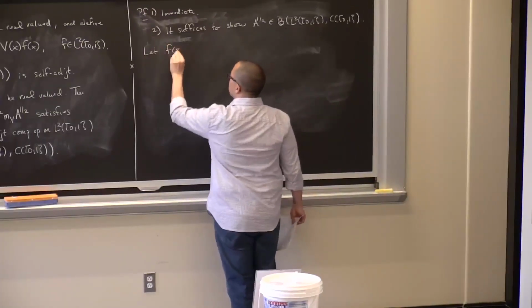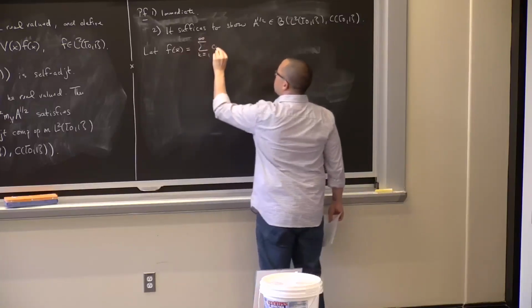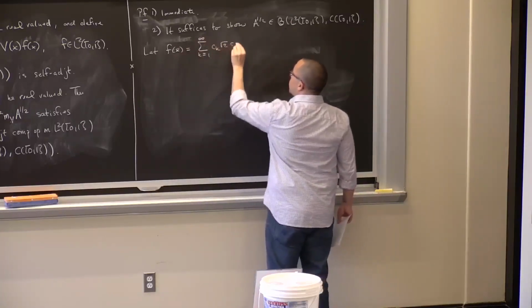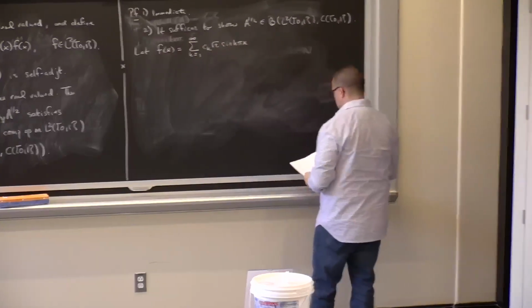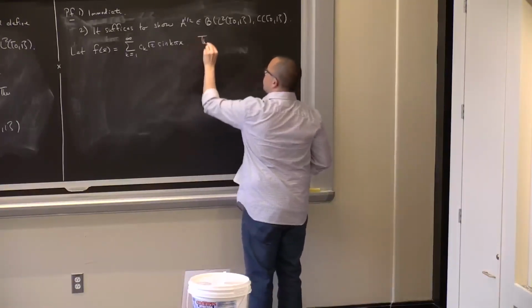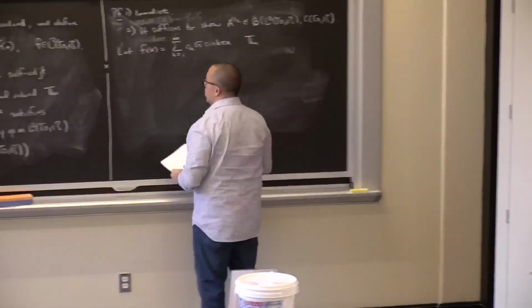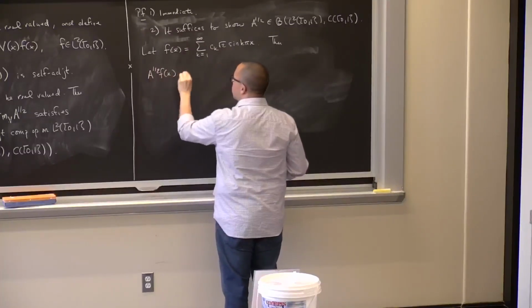So let f be given in the Fourier expansion in terms of the sine k pi x's. Then we get A to the 1/2 of f of x.